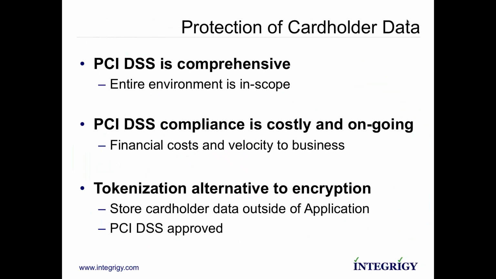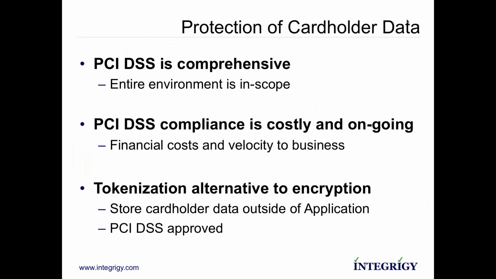So with that, if you remember one of the first slides, we talked about how PCI requires you to protect the cardholder data. Well, one, it says truncation. You can remove cardholder data, for example from your test and development instances. For production instances, you can do encryption. And if you think about encryption as a two-way exercise, you can both encrypt and decrypt as needed, or there is the option for tokenization.